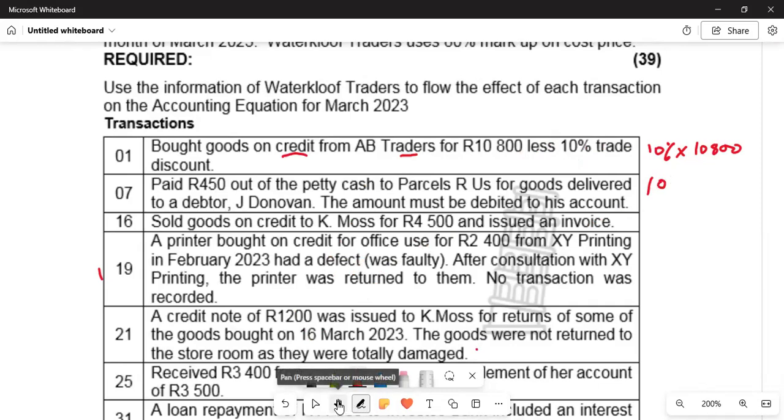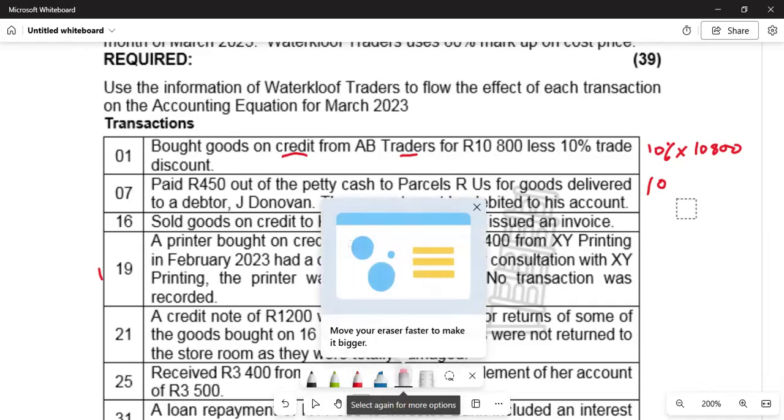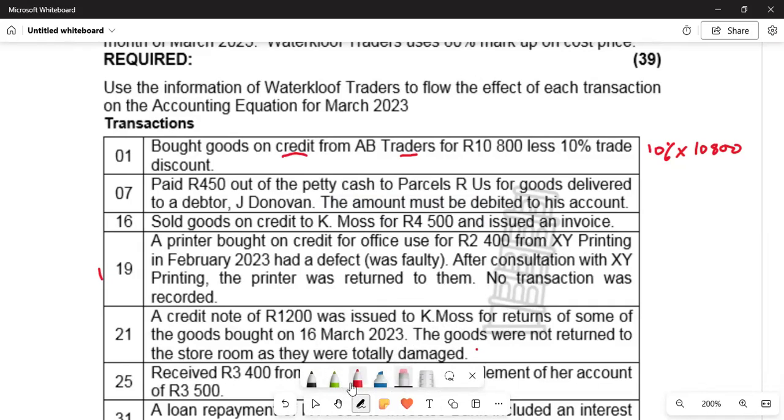Let me write it very well. So we are going to say 10,800 minus 1,080, which is going to give us 9,720.